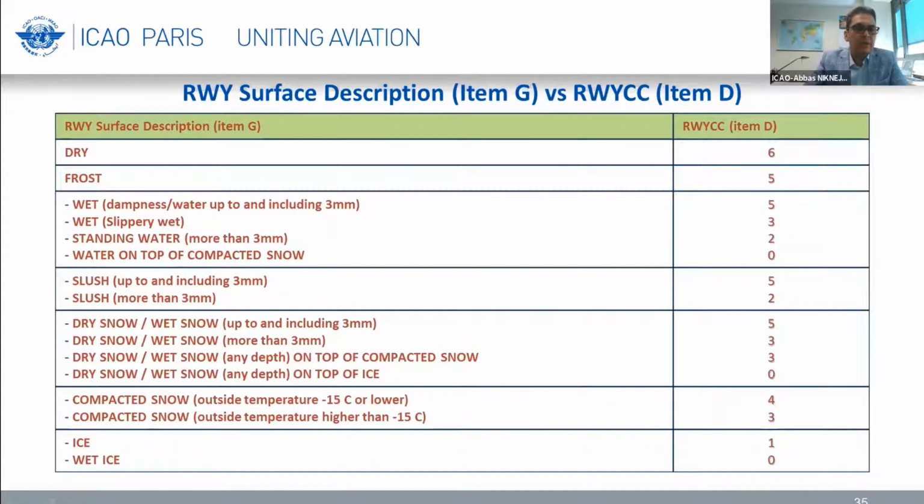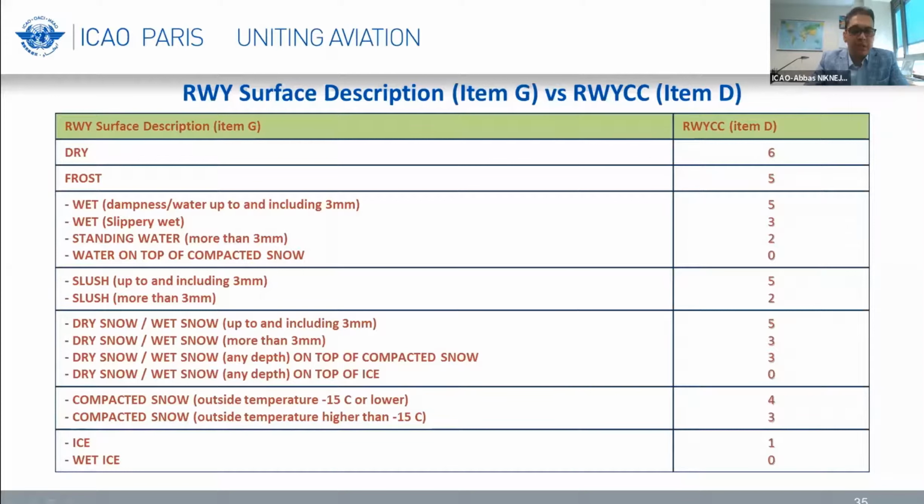You can see that frost is reported as 5. And then on the third row, you can see different types of water on the runway. If water on the runway will make runway only wet, it means that it's up to and including 3 millimeters, runway condition code is 5.